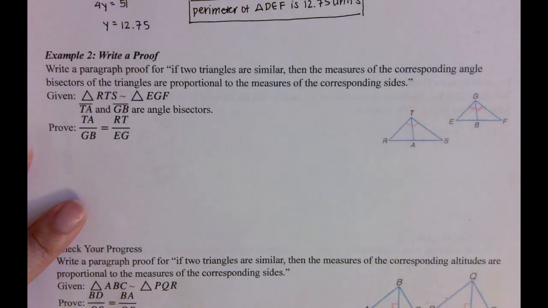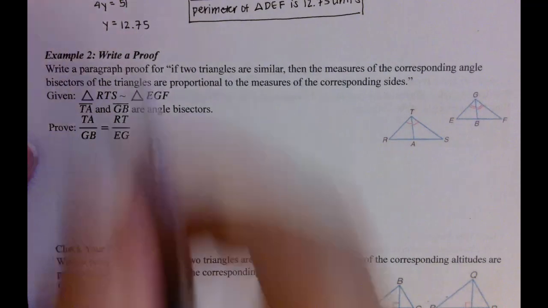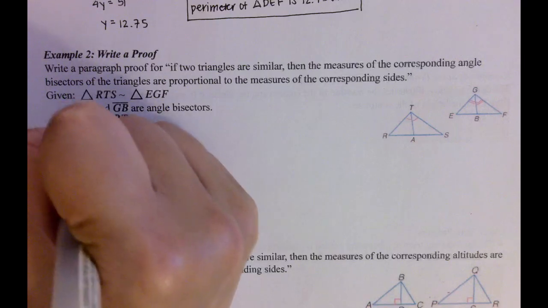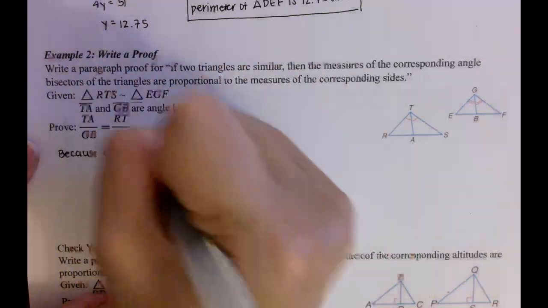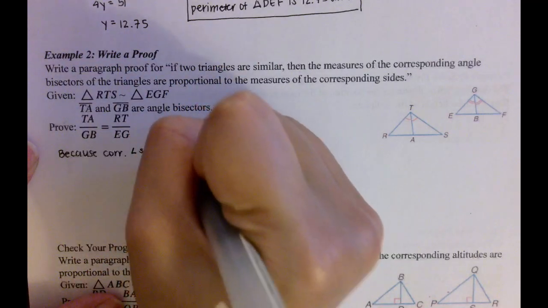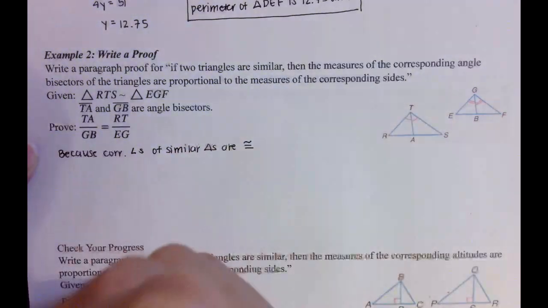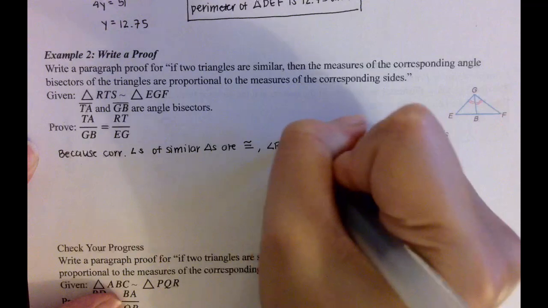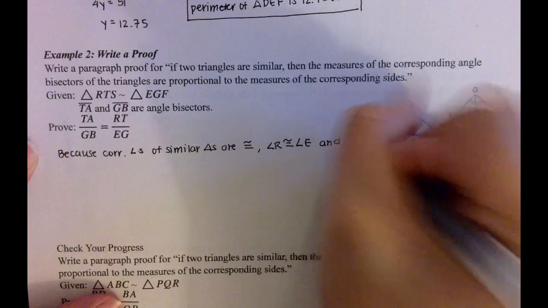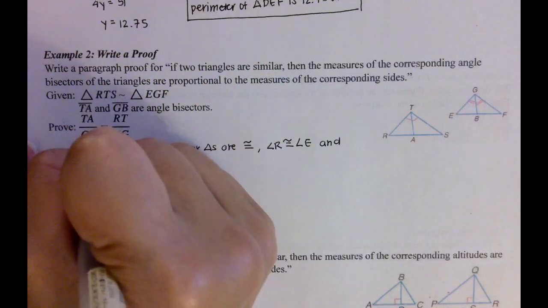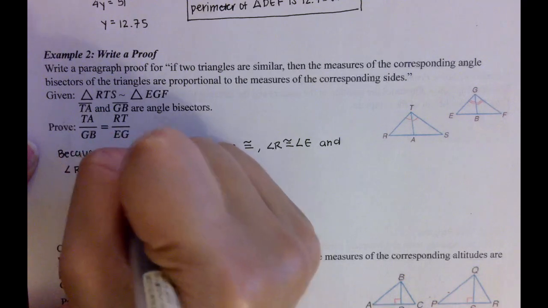First we're going to state that because corresponding angles of similar triangles are congruent, we know that angle R is congruent to angle E, and angle RTS is congruent to angle EGF.